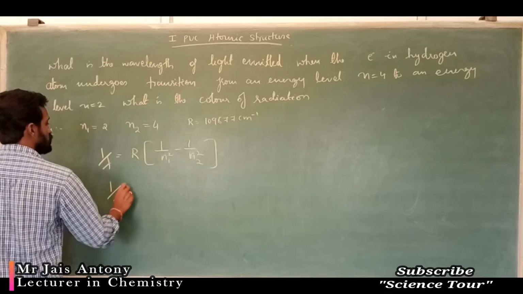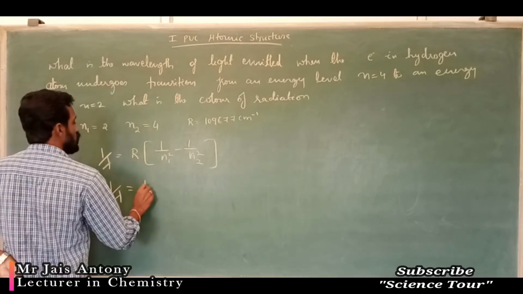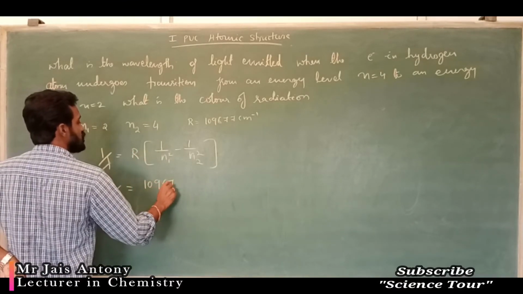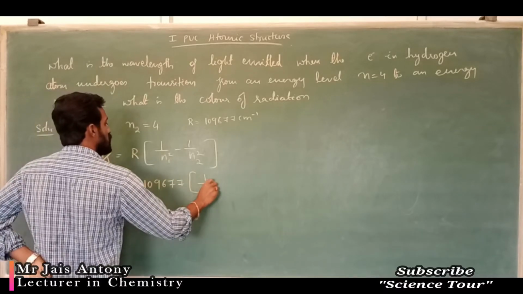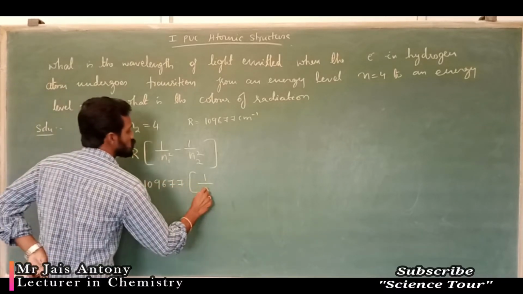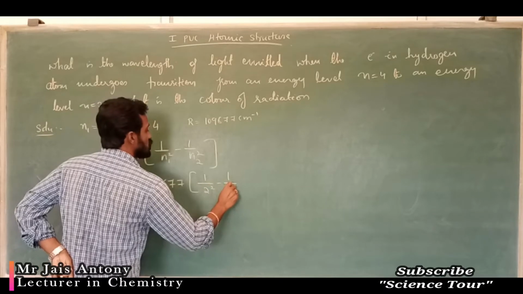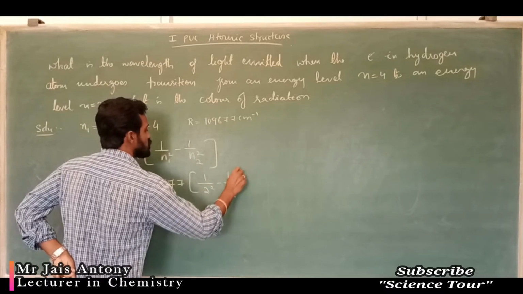So I write 1 by lambda is equal to 109677 into 1 by N1 square, that is 2 square, minus 4 square.